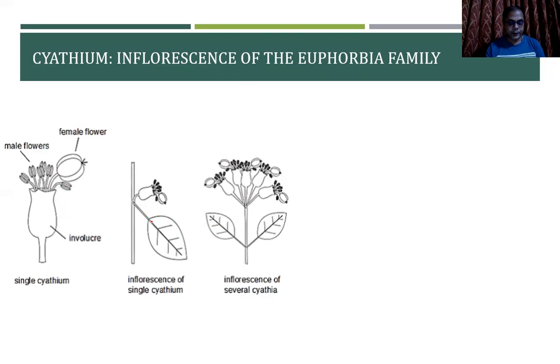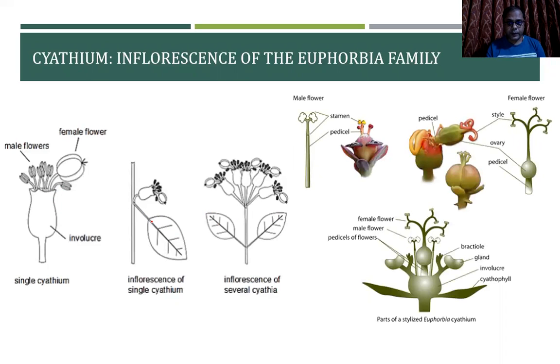Petal-like bracts are positioned under the cyathia. If you see here, we have got cataphylls, we have got nectary glands here. And on the basis of the nectary glands, we have got one single female flower here. If you see the cross section of that, we have the single female flower that forms the pedicel and the ovary.